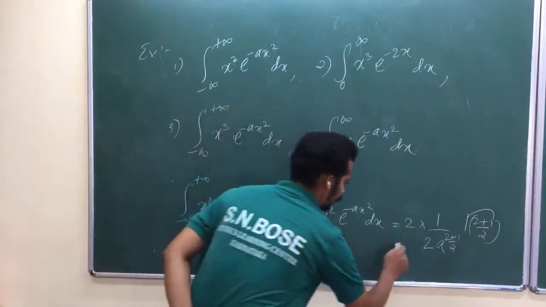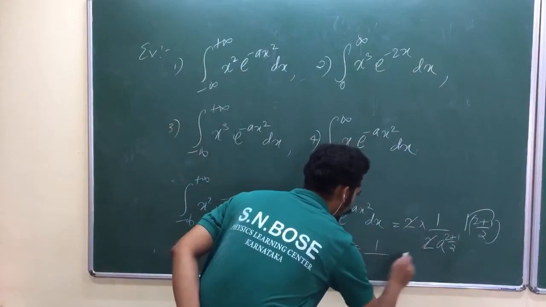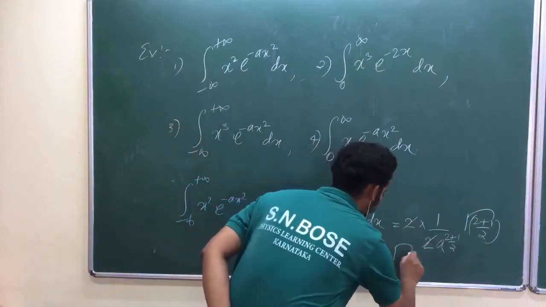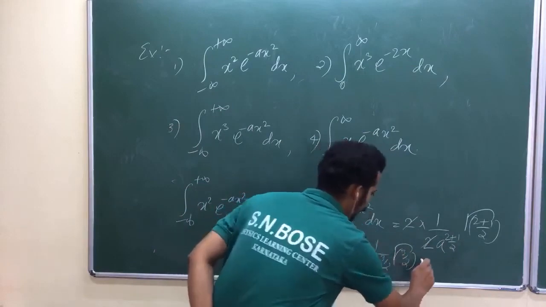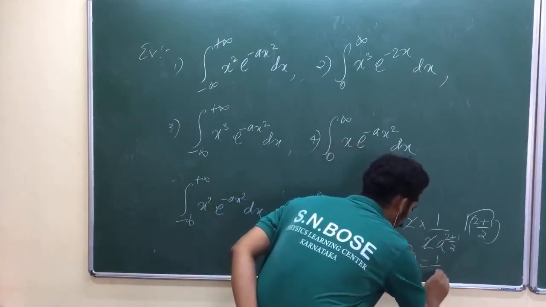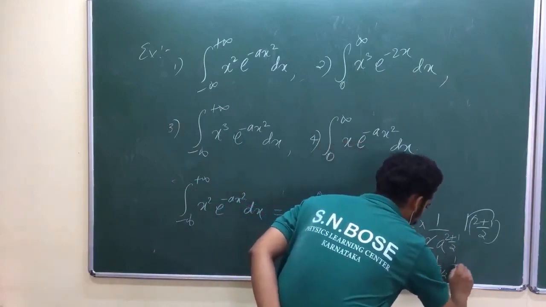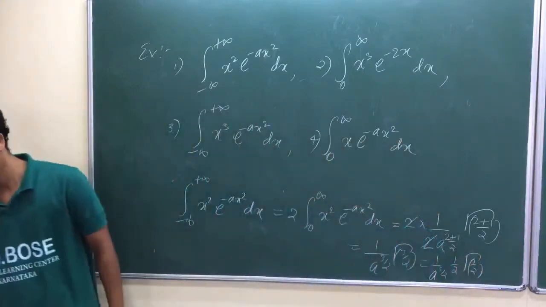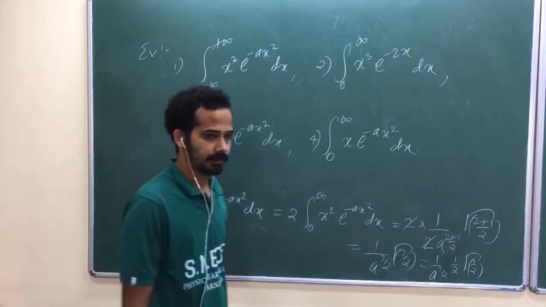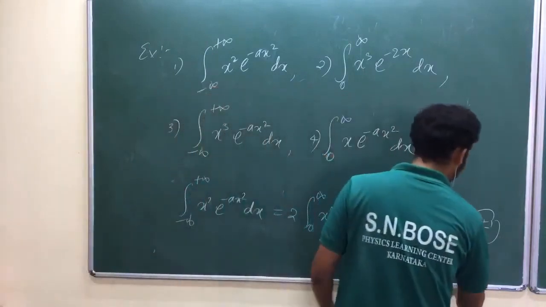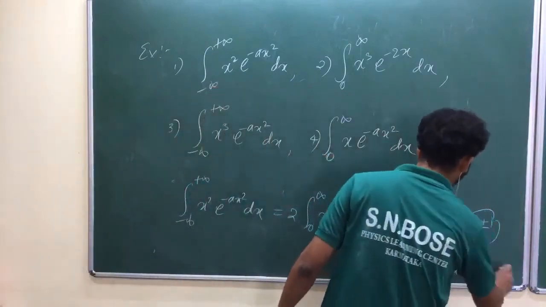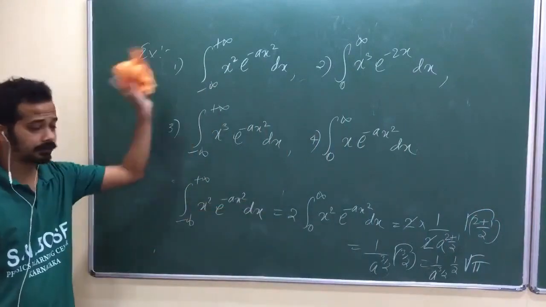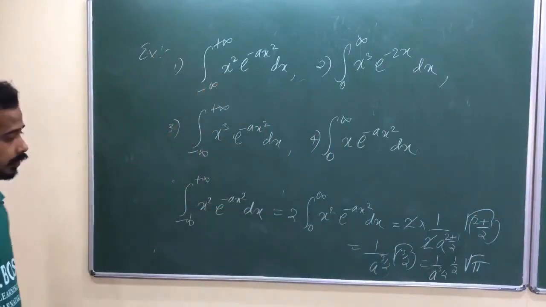So that can be written as, 2 got cancelled, 1 by a power 3 by 2, gamma of 3 by 2. Gamma of 3 by 2 you can write as half gamma half. What is gamma of half? Root pi. Half into root pi. That is your answer. Practice this one, okay? All of this integral, whatever I have given, practice this one.